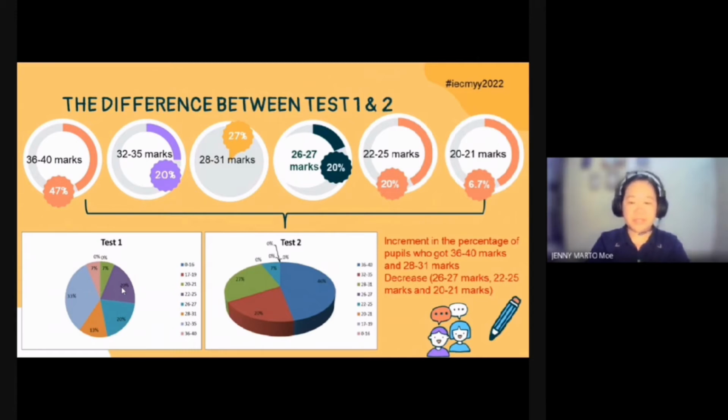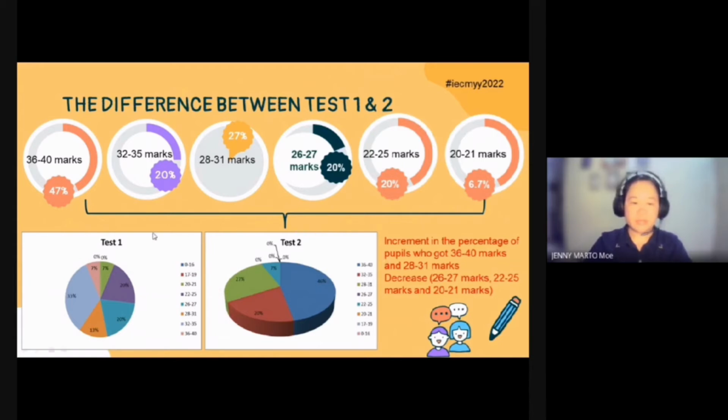This reflection is done by looking at the differences in the pupils' performance in their test 1 and test 2. Okay, this is their test 1 and this is their performance in test 2.